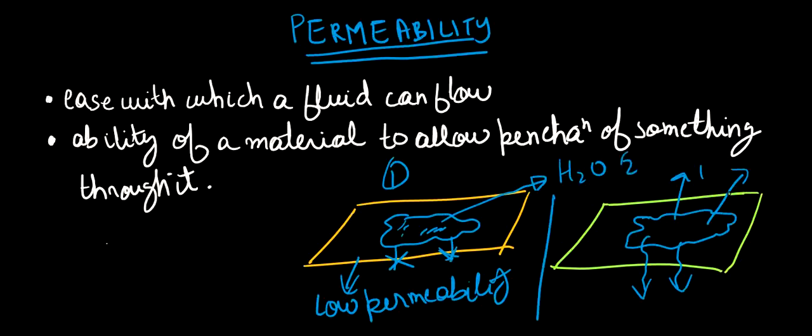On the other hand, in our second case, our unpaved surface, or you can say soil, had high permeability, and therefore the water was able to penetrate into the sublayers easily. So that's the idea about permeability.